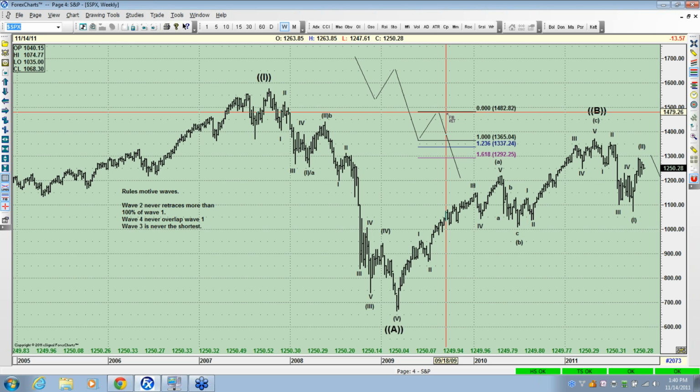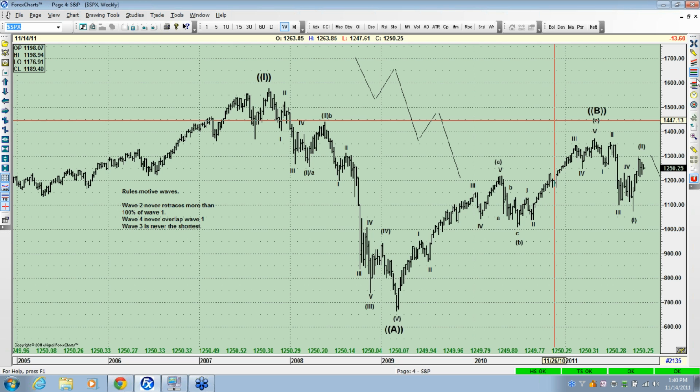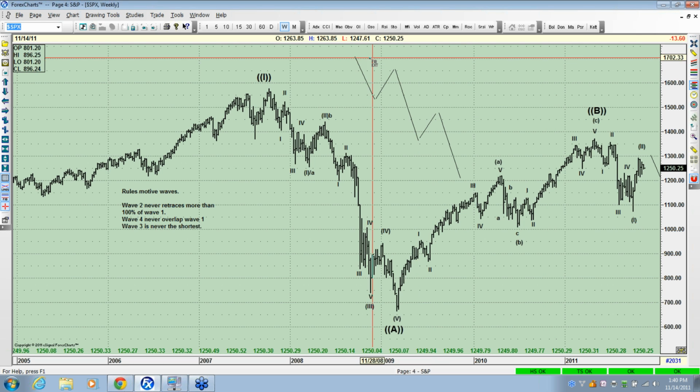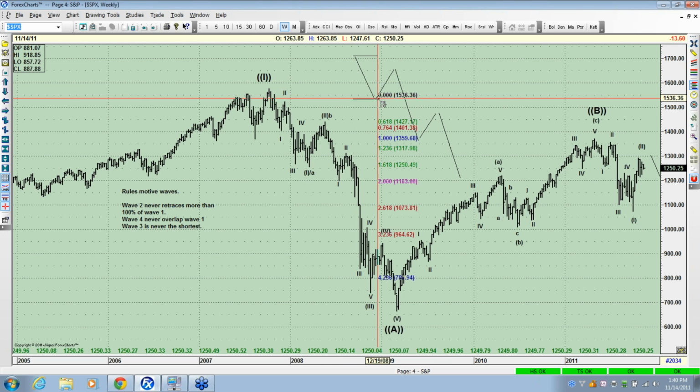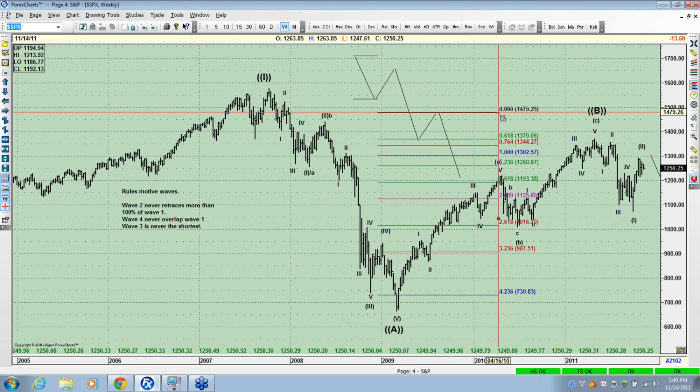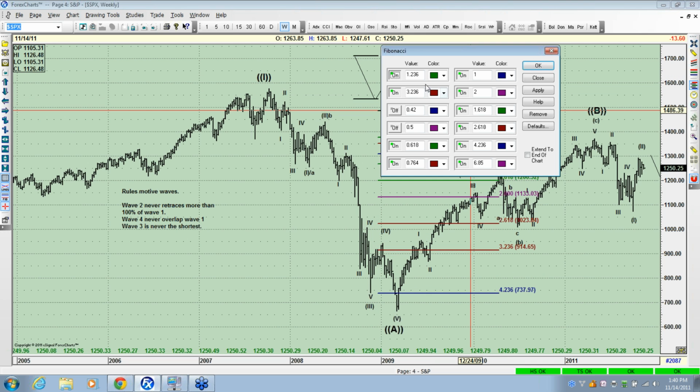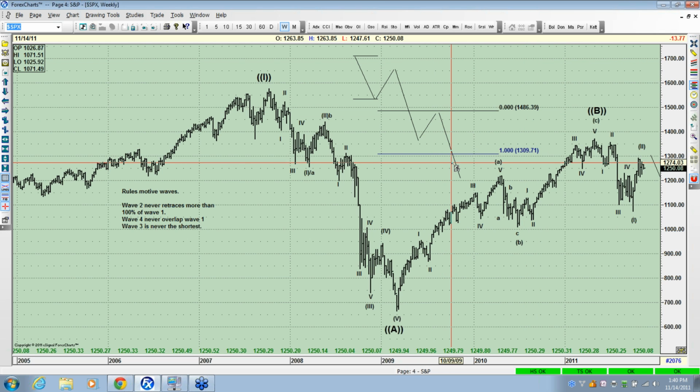Those are two. Then you're going to measure the distance of wave 1, and you're going to put it at the top of wave 4. Sometimes wave 5 ends when wave 5 is equal to wave 1. That can be the case.